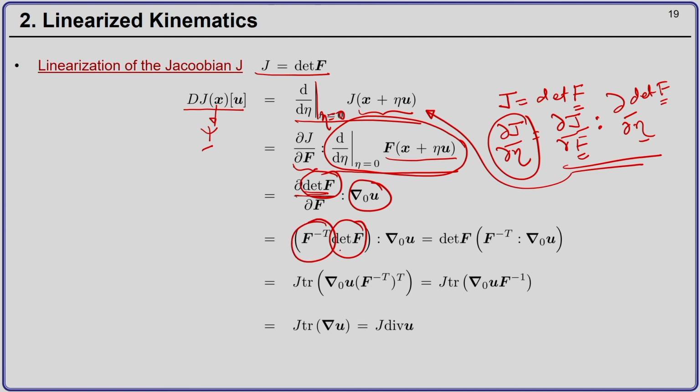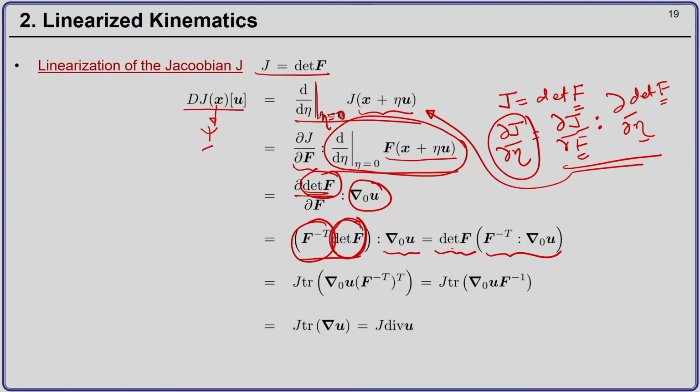So, we have determinant of F times F inverse transpose double contracted with the material gradient of u. Because determinant of F is a scalar, I can take it outside the bracket and write F inverse transpose double contracted with del 0 u.